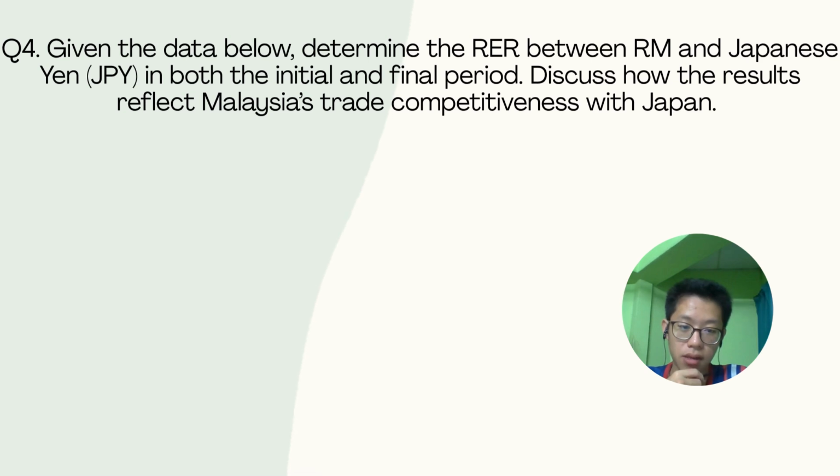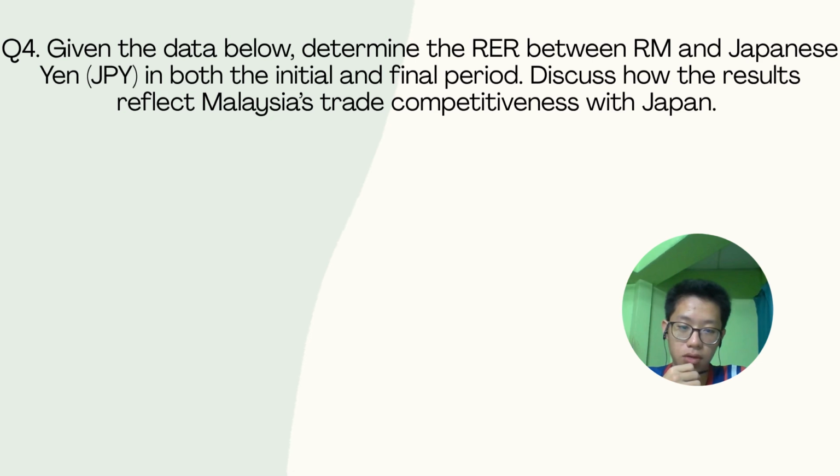Malaysia's higher inflation rate will erode or reduce the price advantage, but Japan's inflation rate is lower and partially offsets this. The net effect is a real appreciation and a deterioration of Malaysia's export competitiveness.